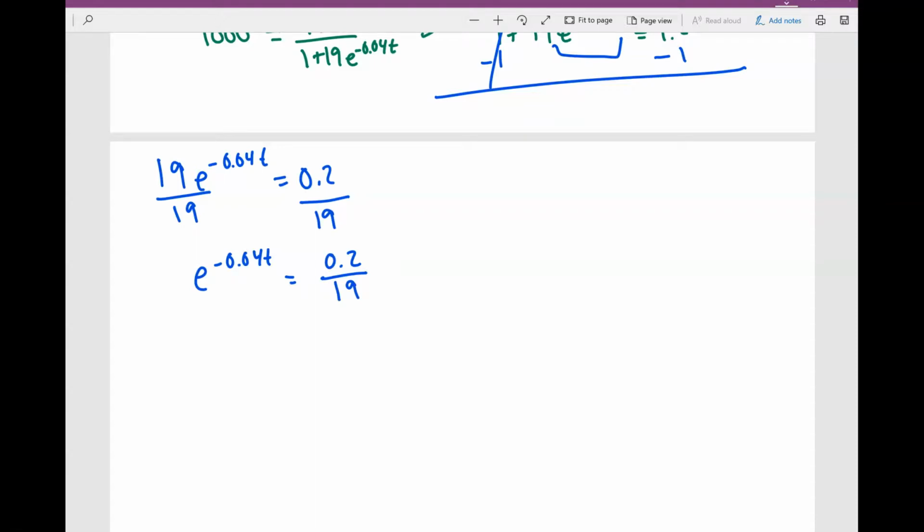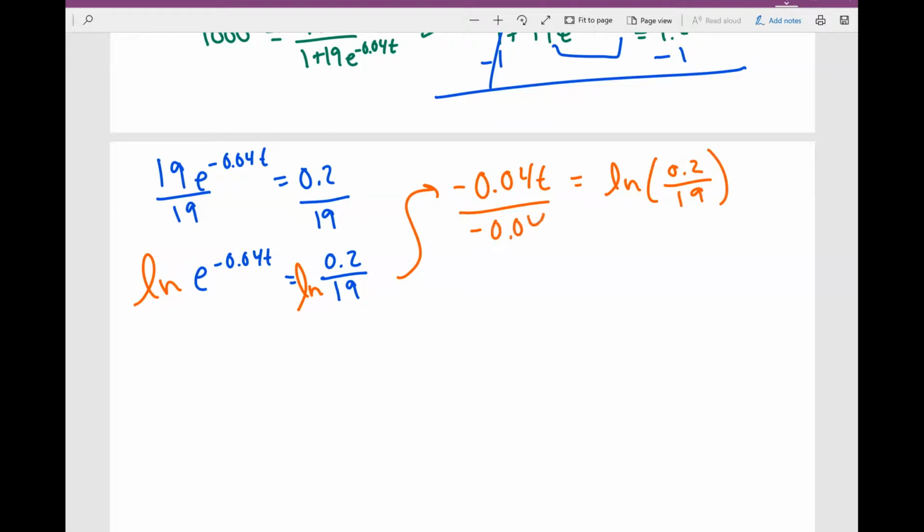Now I need to get rid of that e, so I'm going to take the ln of both sides. Taking the natural log, I have negative 0.04 t is equal to the natural log of 0.2 divided by 19. And then finally, we're just going to divide by negative 0.04.